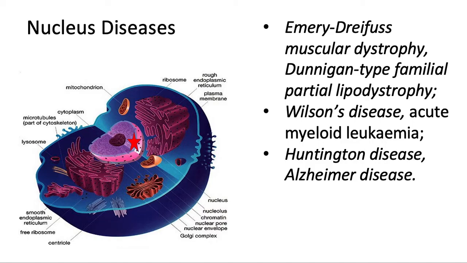Moreover, abnormalities in the nucleoli can lead to some forms of rare hereditary diseases, as well as degenerative diseases, such as Huntington's and Alzheimer's. Several diseases can also result from changes in the nuclear envelope. These include cardiomyopathy and muscular dystrophy. Some examples of these diseases that were mentioned you can see on this slide.